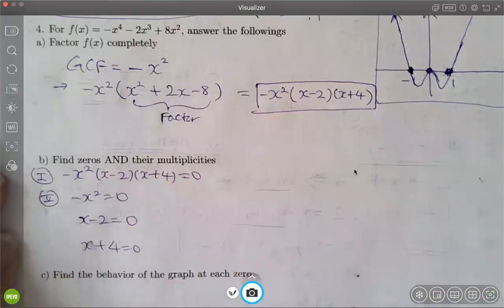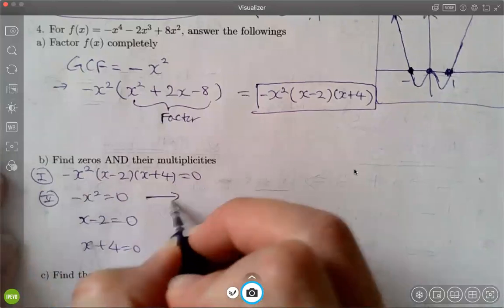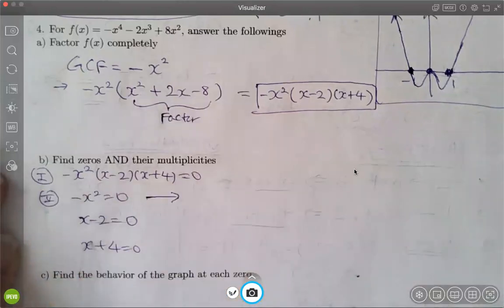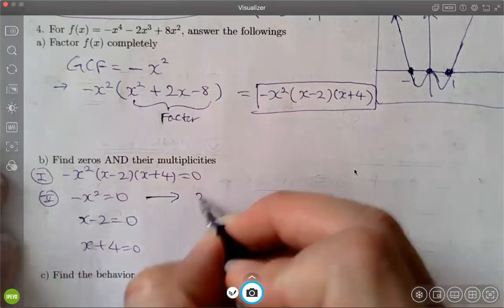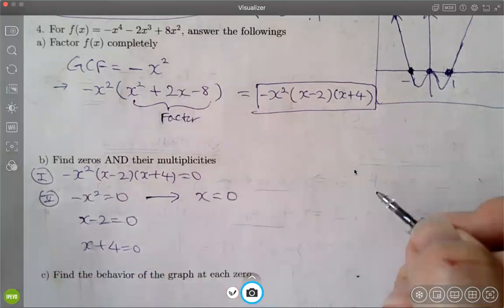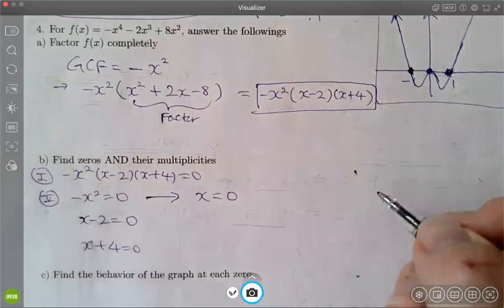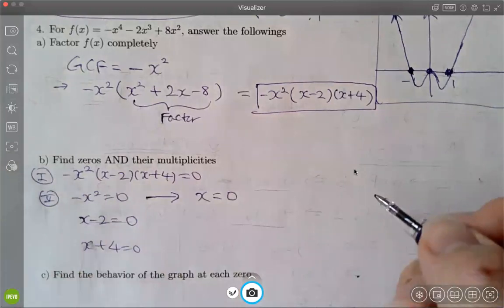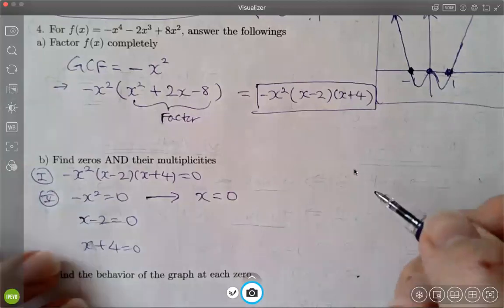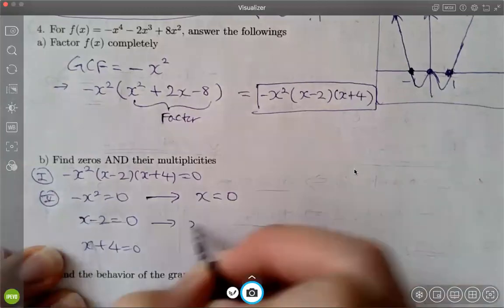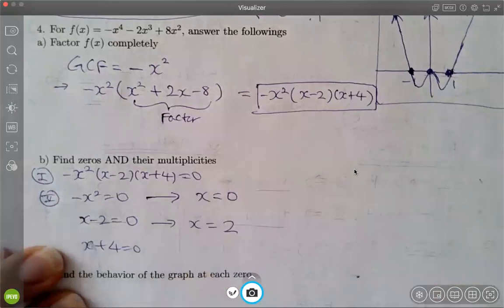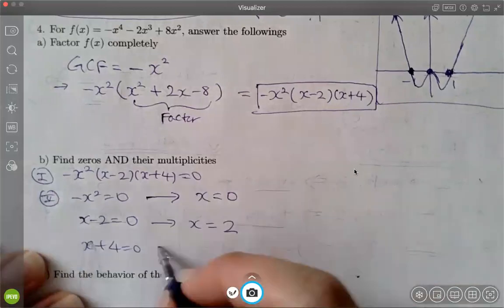From the first equation, -x squared equals 0, so you divide by -1 and take the square root. So you can see that 0 is a zero, right? The number 0 is a zero, if you want to be explicit. And then x equals 2 is another zero, and -4 is another zero, right?